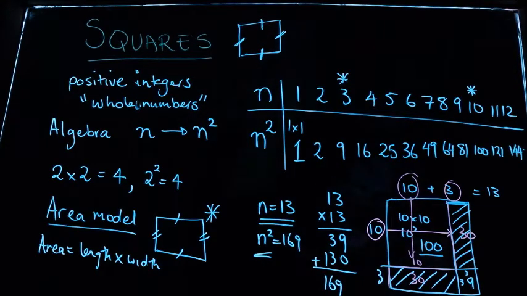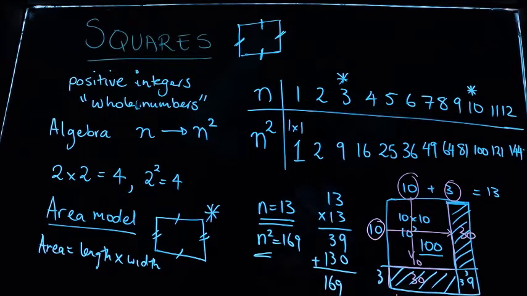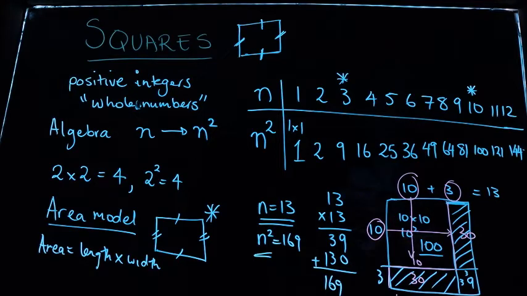So we've got a little bit of addition to do here. We've got 100 plus 2 lots of 30 plus 9, and that's all equal to 169.